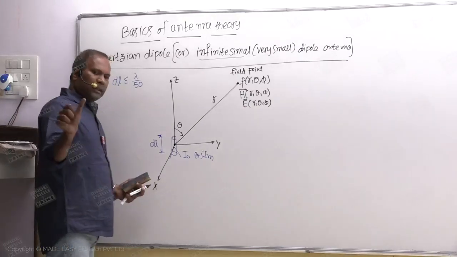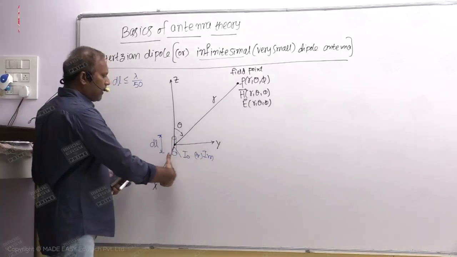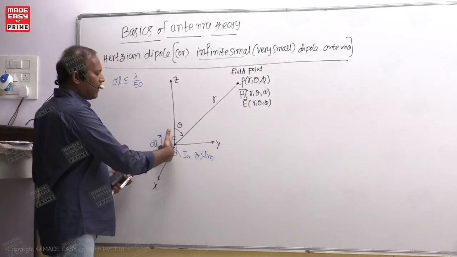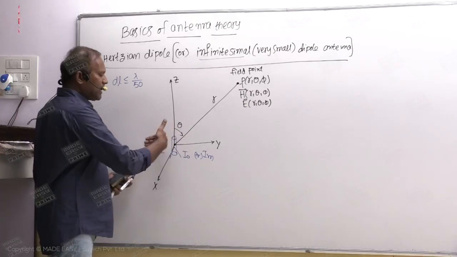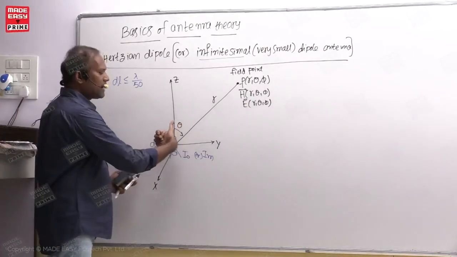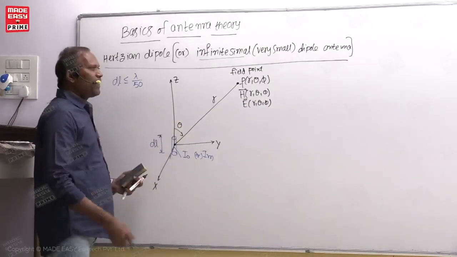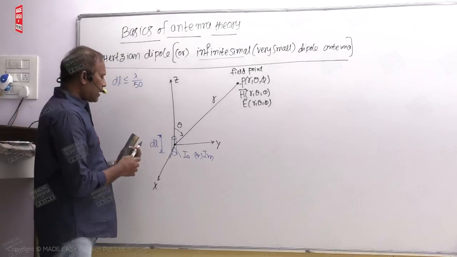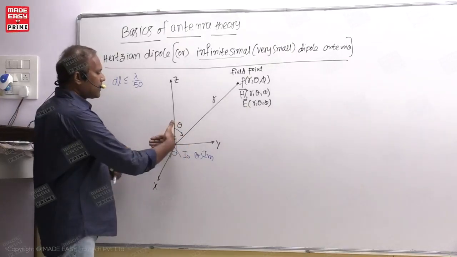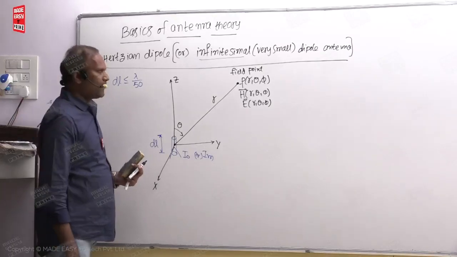Now put the thumb in the current direction. If you put the thumb in the current direction, then the magnetic field generated due to that is in circle direction. It is in circle direction. So circular means what? We are solving in the spherical coordinate system, and horizontal circular is the phi direction.